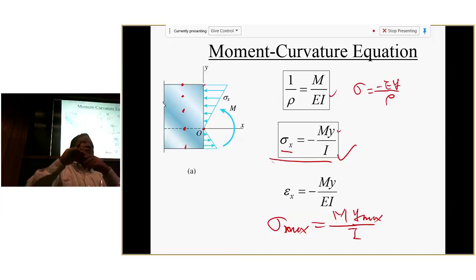Never in the middle. In other words, if you bend something, the high stress is at the top or bottom. The middle actually doesn't have much stress.